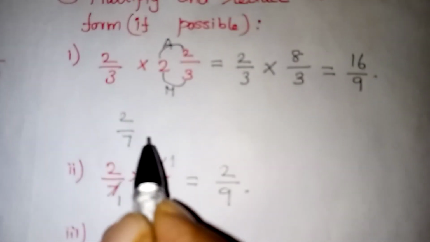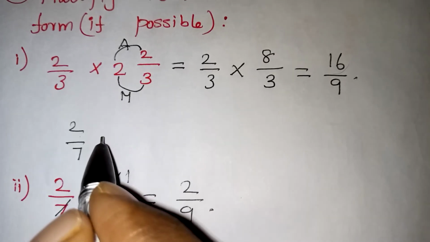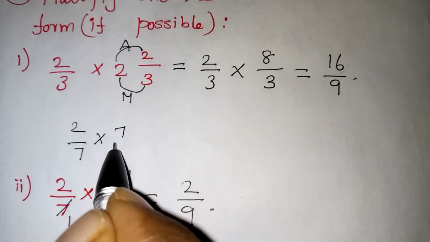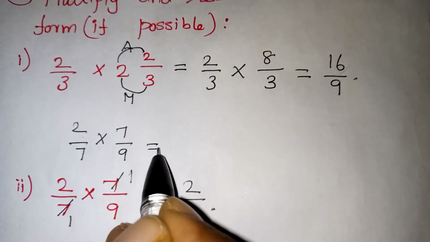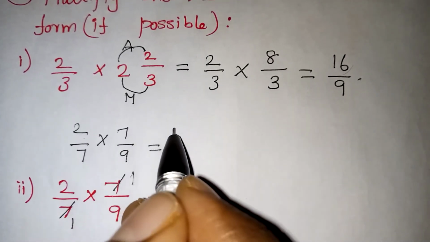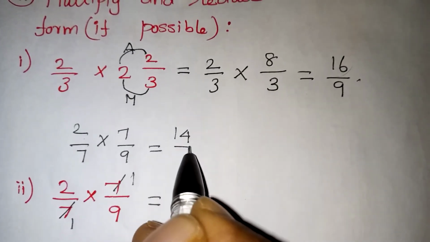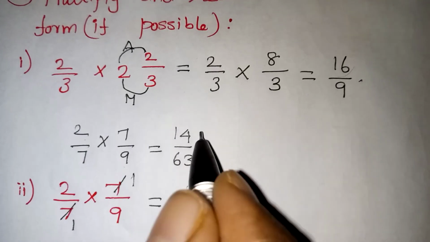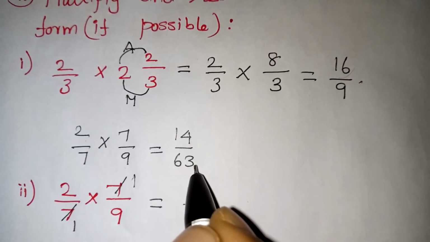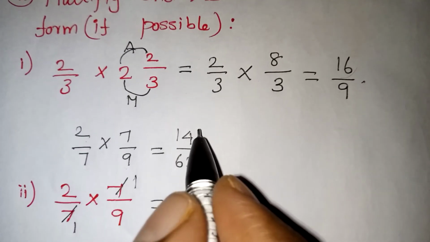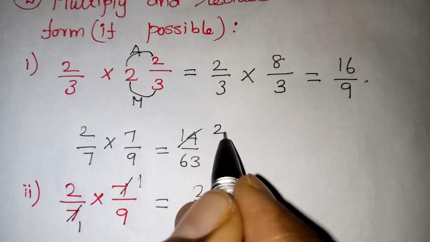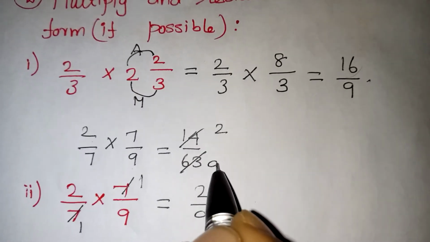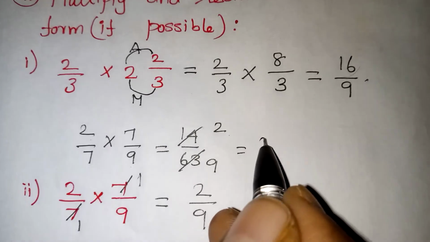So 2 by 7 into 7 by 9. Either we can multiply directly. 2 7s are 14 and 7 9s are 63. After multiplying, 14 and 63 will come in the 7 table. We can cancel it. 7 table, 7 2s are 14, 7 9s are 63. Again 2 by 9 will be the answer.